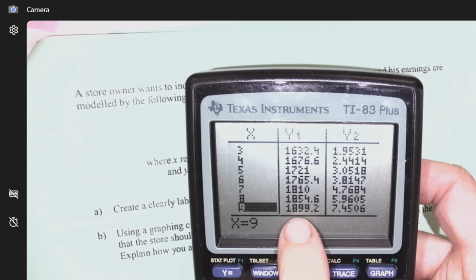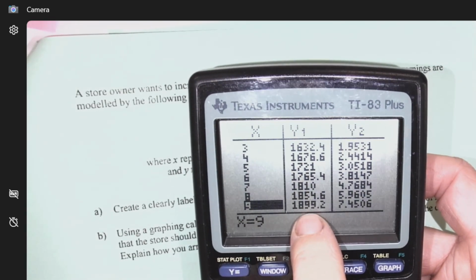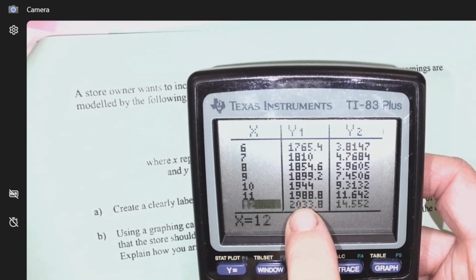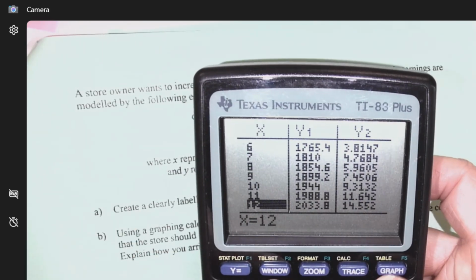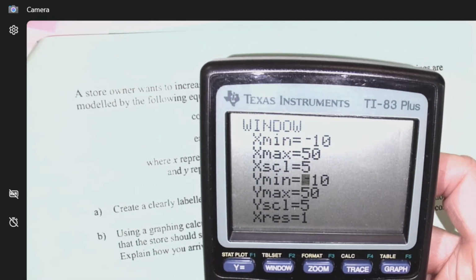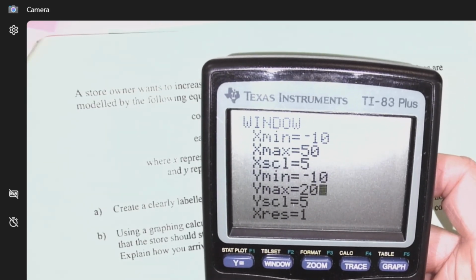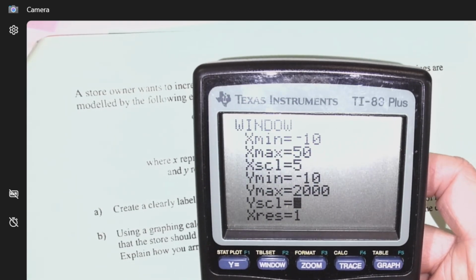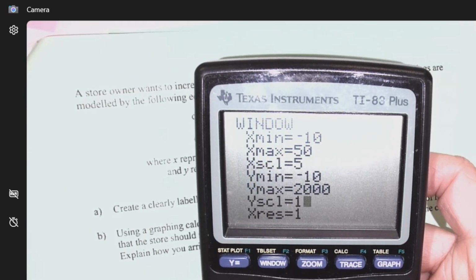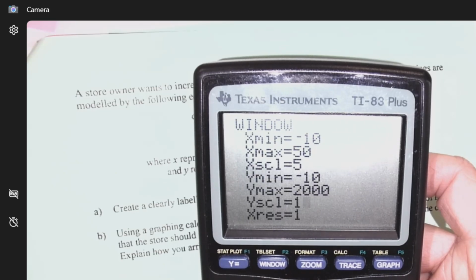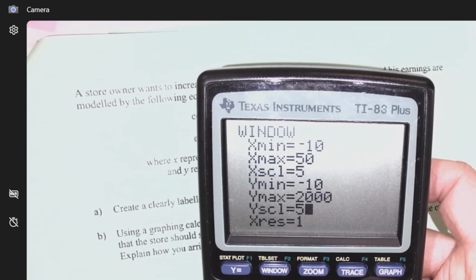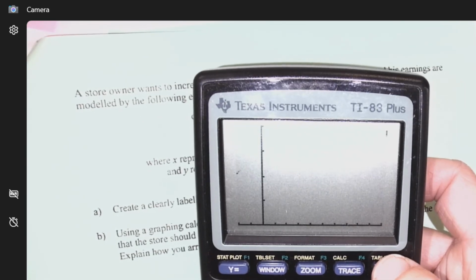So like should we do 2,000 of money or something like that? Because look at these numbers. So, I don't know. We'll start with 2,000. So the Y max, I'm going to go to 2,000 and then jump by 500. Each tick 500.